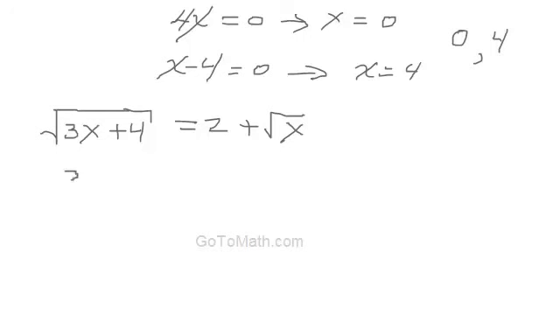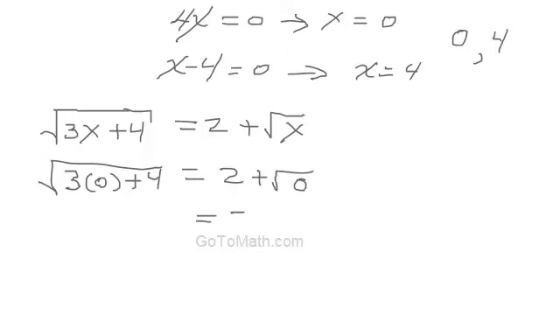So we plug 0 in. And of course we get 2 on this side. Now remember, this is a possible solution. We want to put a question mark here, and the square root of 4 is actually equal to 2. So that's good. That works out.